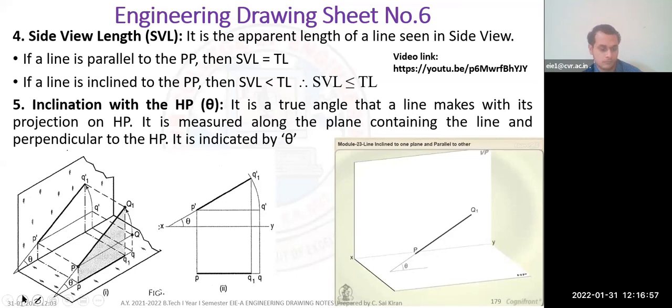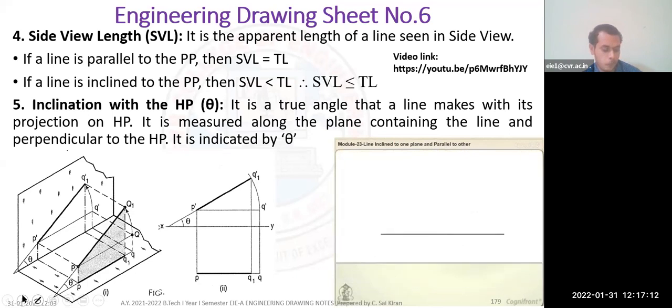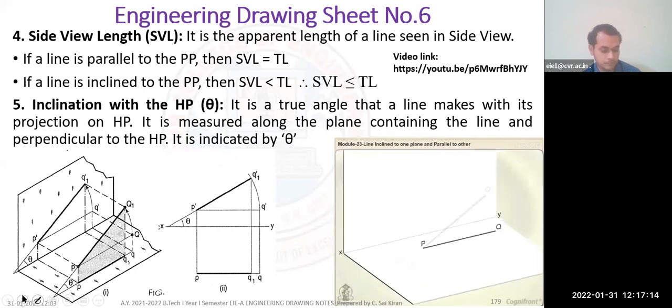The inclination is shown by the angle theta which PQ1 makes with its own projection on the HP, that is the top view PQ1. The projections may be drawn by first assuming the line to be parallel to both the HP and the VP.